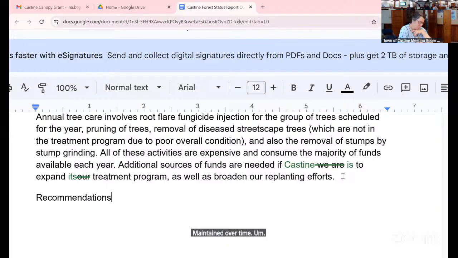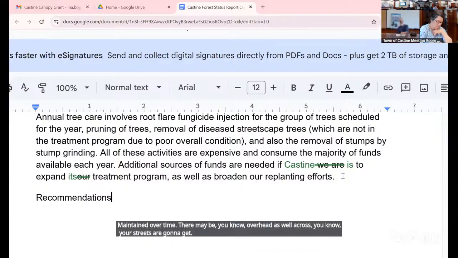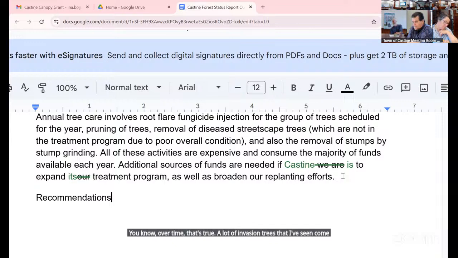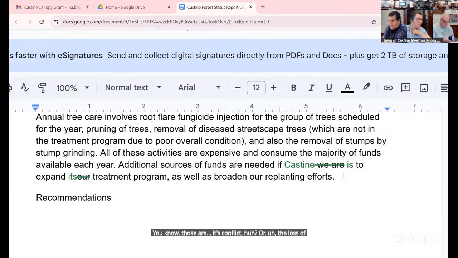And then overhead as well, plus your streets are going to get expanded, redone, sidewalks, all that stuff matters a lot. Over time, a lot of decent trees that I've seen come down have been from those conflicts, or loss of quality of a tree that had a decent shot.